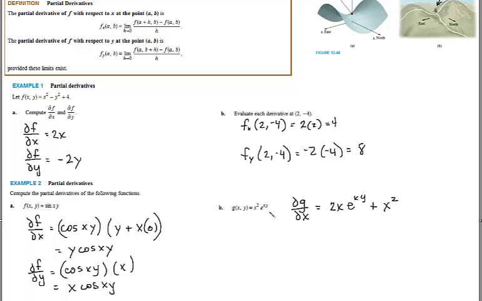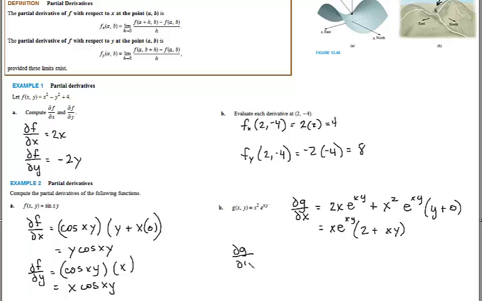Derivative of e to the xy is going to be e to the xy times the derivative of x times y, which would then be the product rule. The product rule would say y plus, because derivative of x is 1, and then that would be a 0. I'm going to clean this up a little bit. Alright, that looks a little prettier to me.